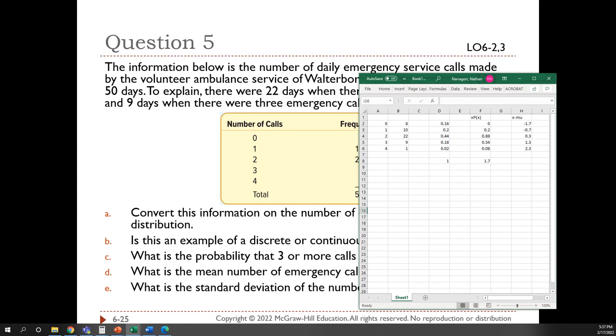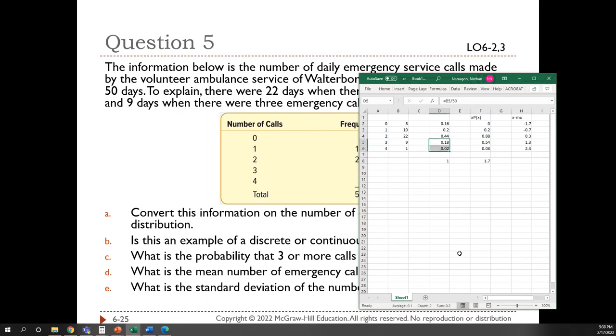Alright. So, let's go this. They want to go, what is the probability that 3 or more calls are made in a day? Well, that means P(x equals 3). So 3, and x is going to equal 4.